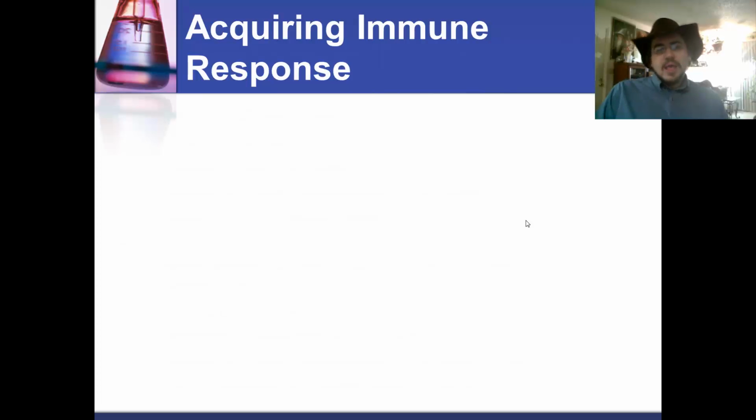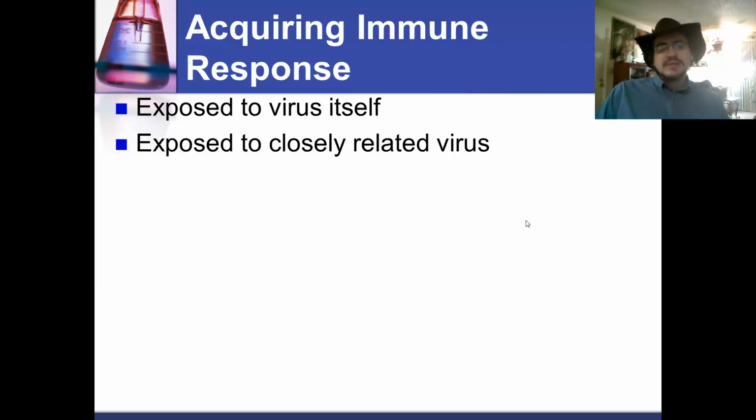All right. Acquiring immune responses, like I said, you can be exposed to the virus itself. You can actually be exposed to a closely related virus. One of the interesting examples of this is the Spanish flu, which I think rolled through the human population sometime around, I think, 1919, but don't quote me on that because I'm just trying to remember that offhand.